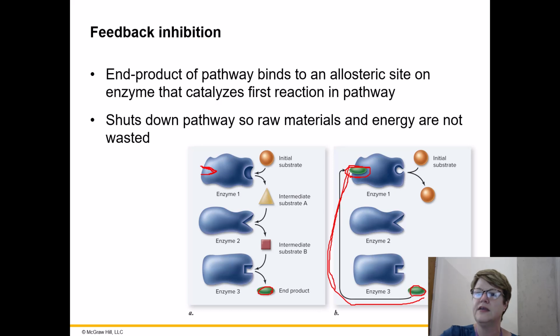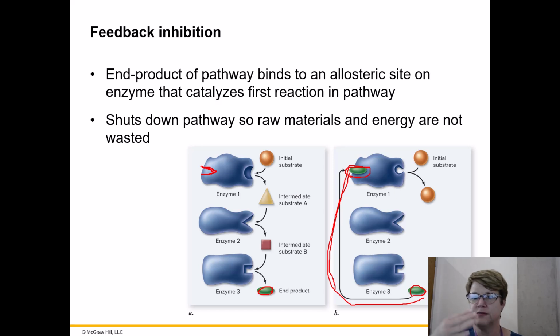In the same way, these enzymes are being turned on and off by the end product in order to keep the cell within a range of production, so that they're not making too much of the green oval, but not making too little of it either.